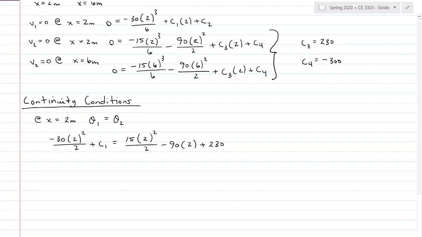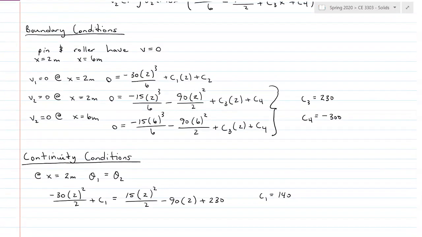We have one unknown, one equation. C1 is equal to 140. So that can now plug in up here. C1 is now 140, and we will have C2 is equal to negative 240.